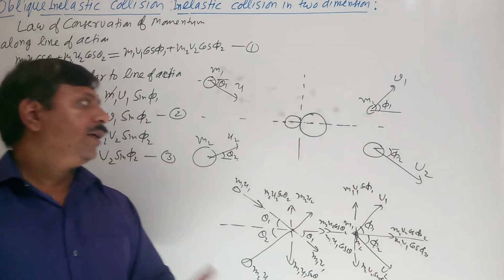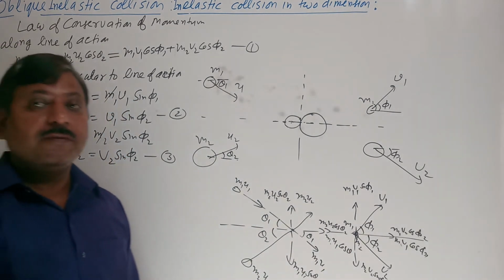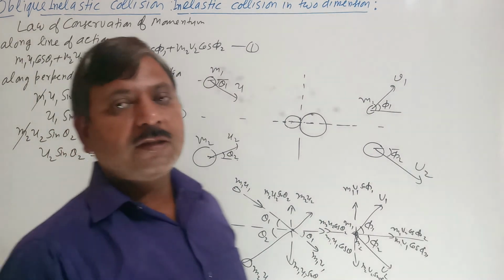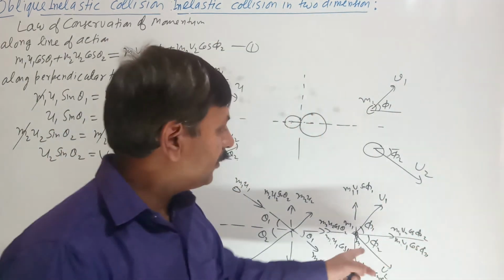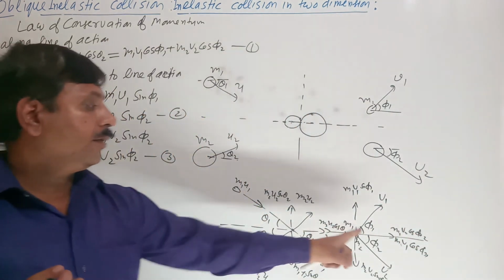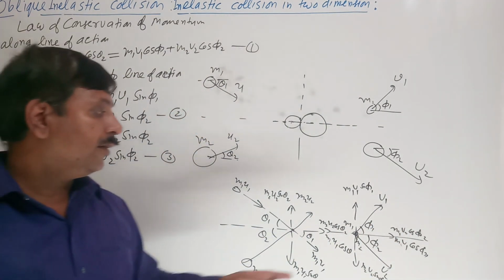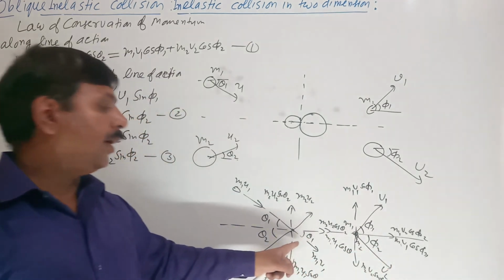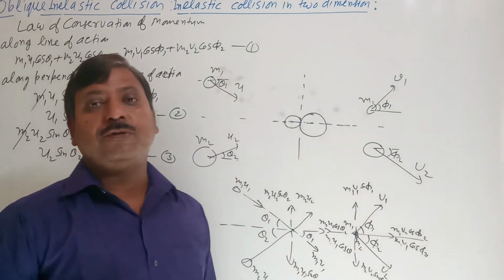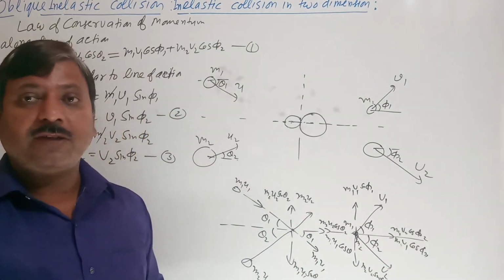And one is in the form of coefficient of restitution. What is coefficient of restitution? It is the ratio of relative velocity of separation to relative velocity of approach, with a negative sign.